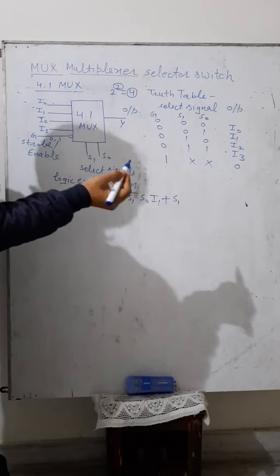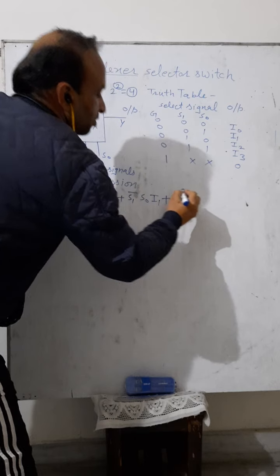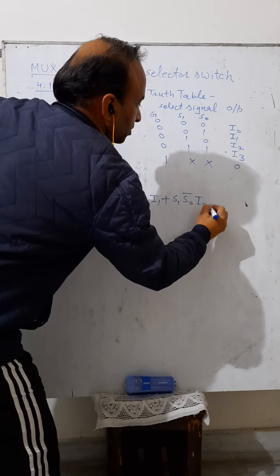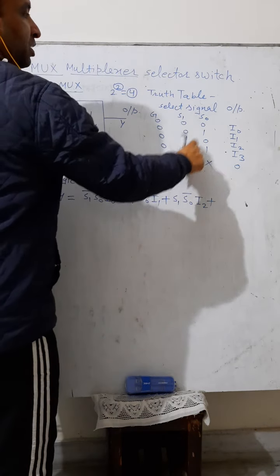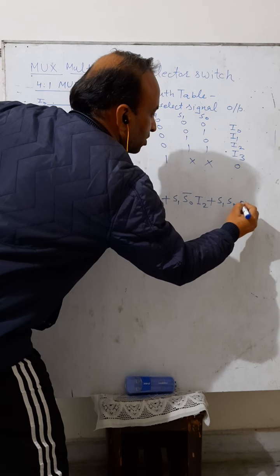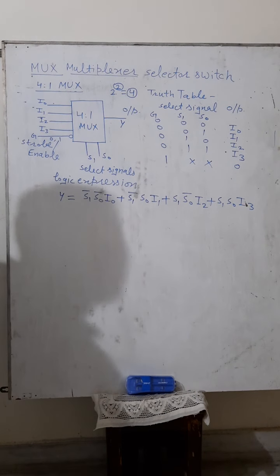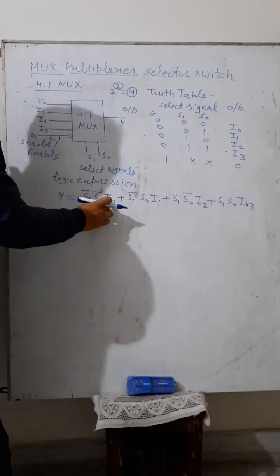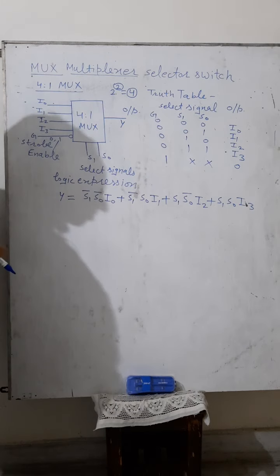So S1 as it is, and S0 bar, then I2. Plus the next combination, S1 value 1, S0 value 1, so S1, S0, I3. This will be the SOP form, sum of product form. These are product terms and we are summing them.